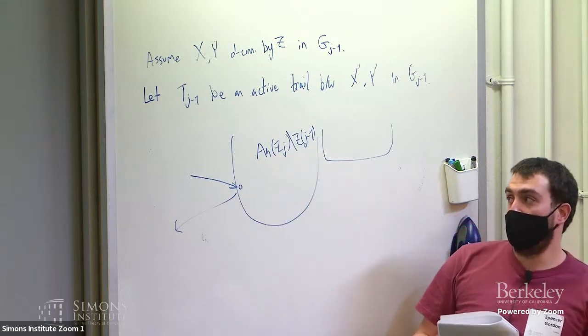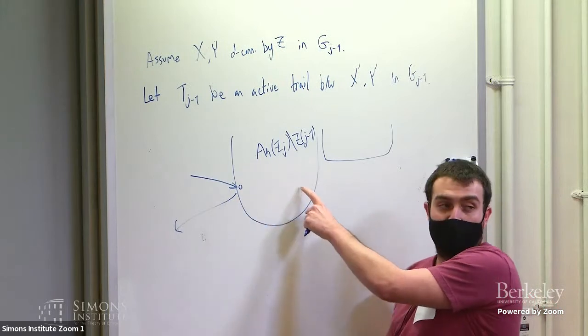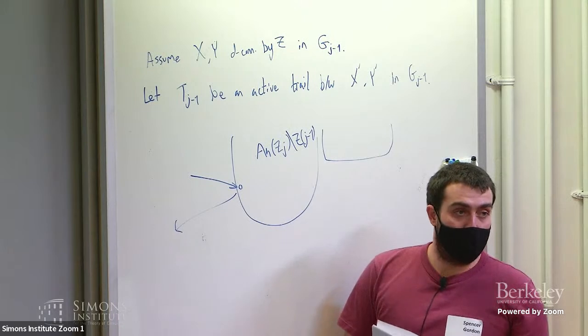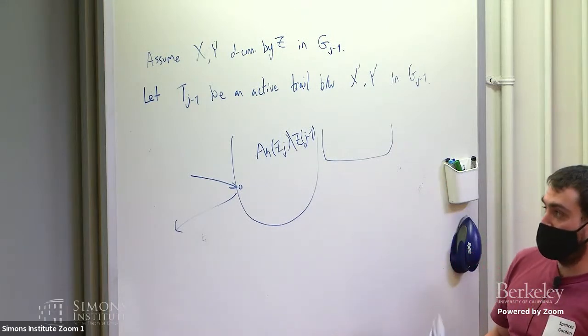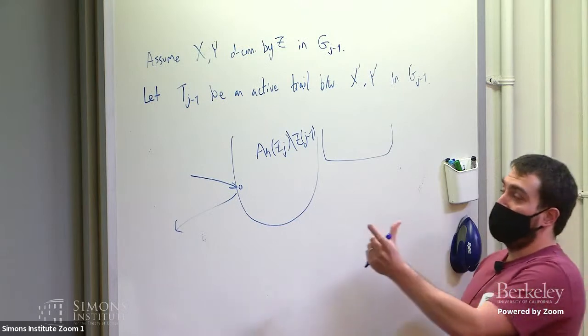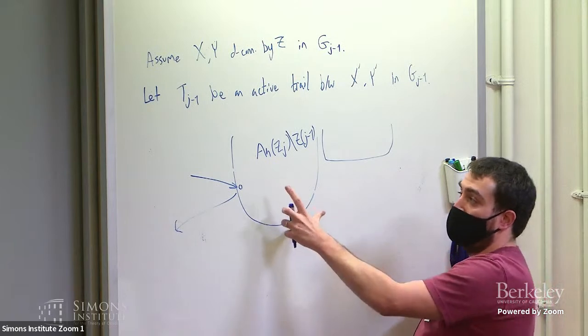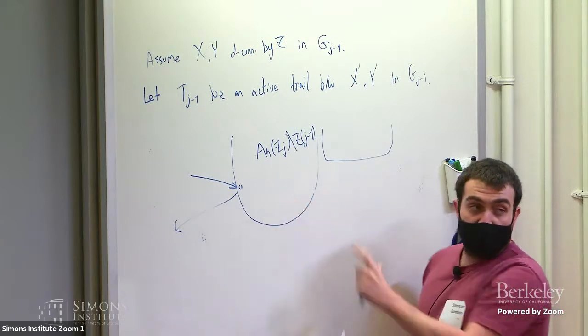So the only thing we have to worry about is, what if we have a segment of the trail that really spends some time in this set? Is it going to remain active, or is it going to fall apart? So we want to restrict our attention to active trails that actually go through this set. And we want to show that they remain active, or we can find some other active trail to replace them with in GJ.